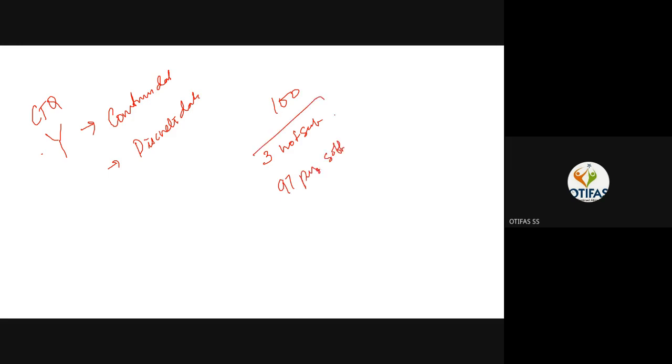Now what is this data? 3 and 97. What type of data? So it's a discrete data. Yes, it's a result of a count.